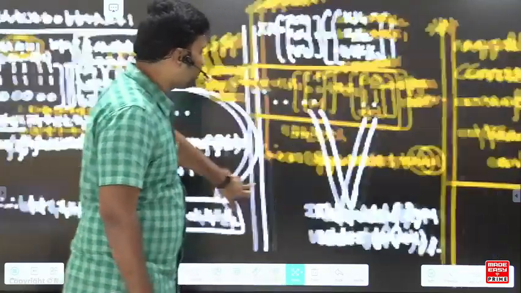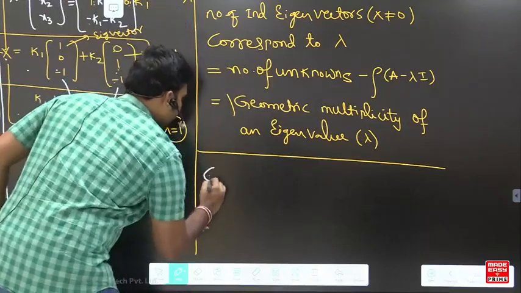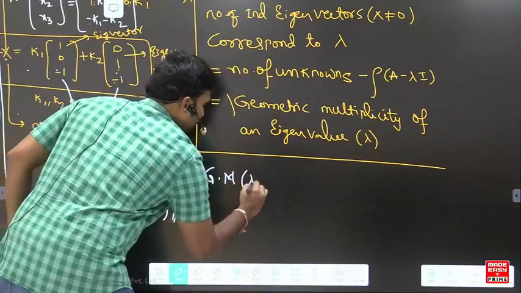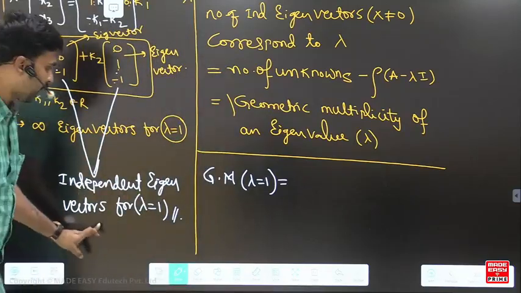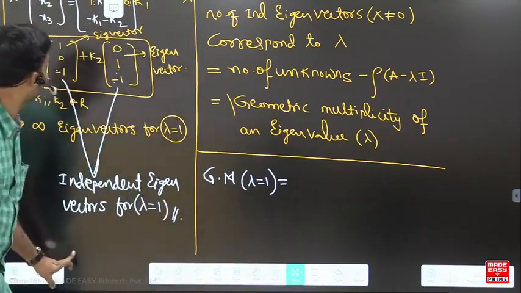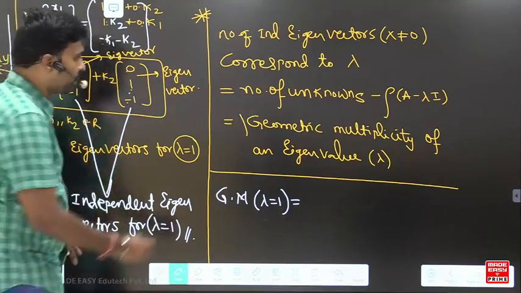That is, what is geometric multiplicity of lambda, beta? यहाँ पर देखना. The geometric multiplicity of lambda is equal to 1. Lambda is equal to 1 के लिए क्या है थोड़ा देखना. All of you, please understand this. Lambda is equal to 1 के लिए क्या है?